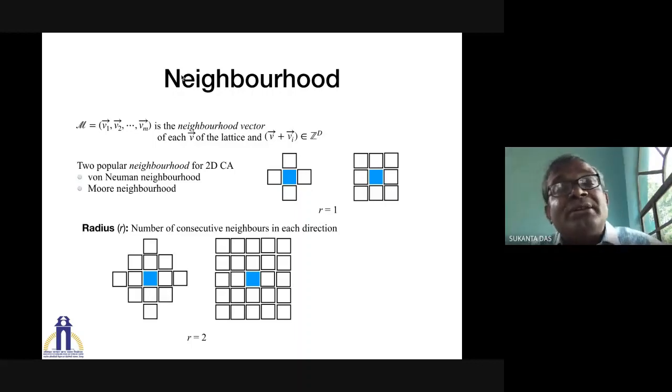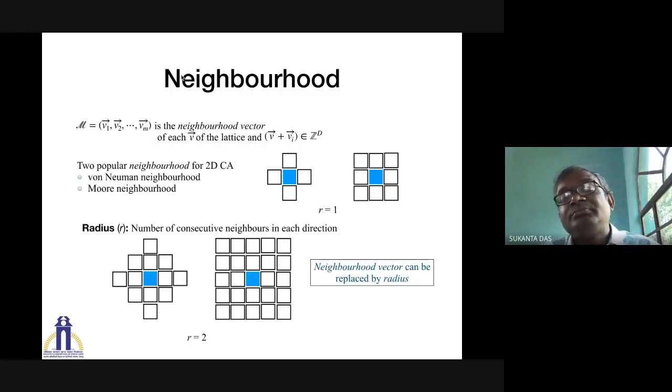The neighborhood vector is the generalized option, a good option, but to visualize it in a better way, you may prefer radius. So in our definition, we can replace the neighborhood vector by radius. You can see many definitions of CA use the radius, especially the older definitions, which always use radius rather than the neighborhood vector.